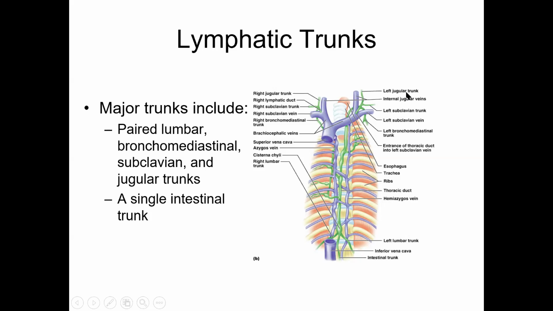So the left jugular trunk, the left subclavian trunk, the left bronchomediastinal trunk, along with the thoracic duct, all together eventually drain lymph to the left subclavian vein.